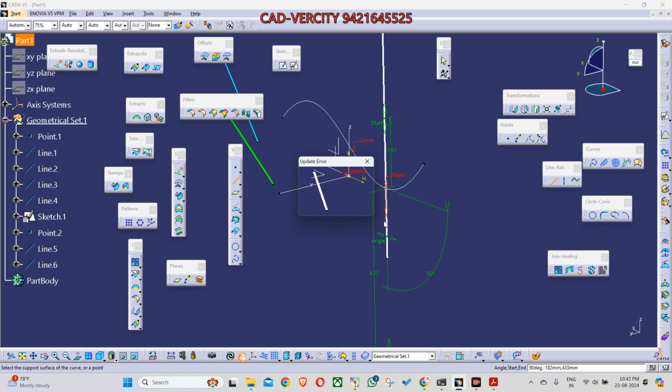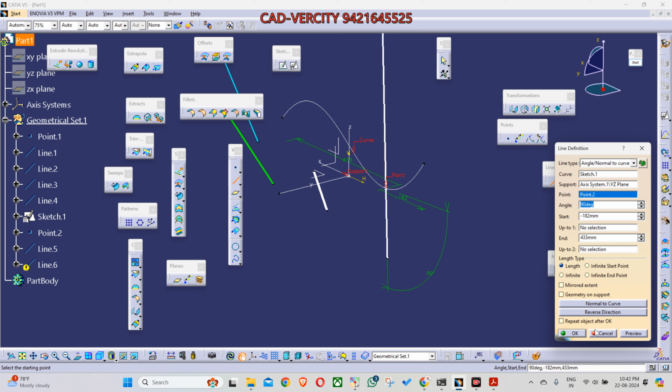Why? Because that curve does not have a tangent to that line, so we cannot create the angle for that point. The curve is nearly perpendicular to this plane. It is not possible to draw a line in that plane, and we cannot calculate the angle. Got it?